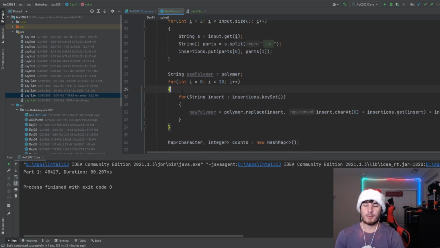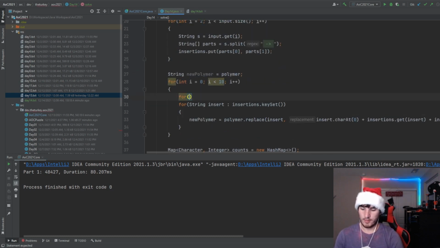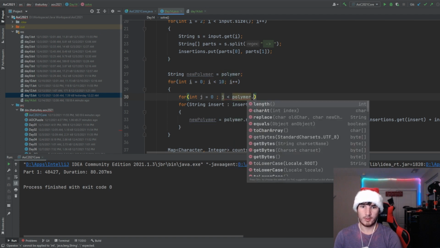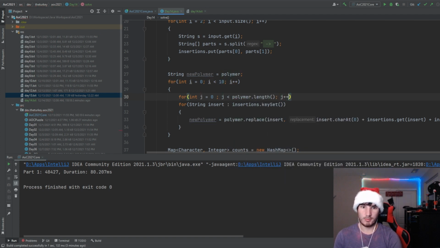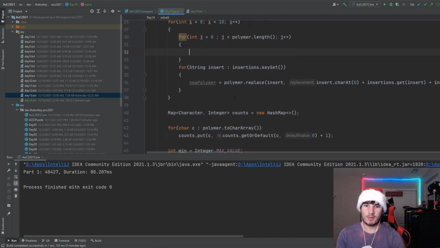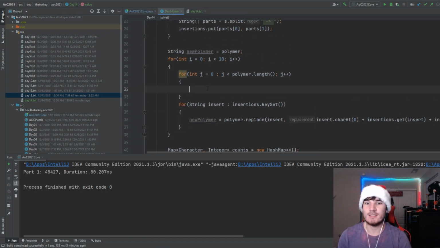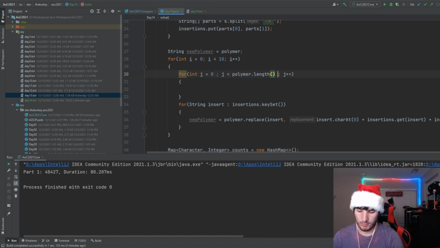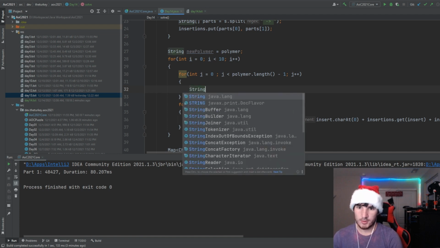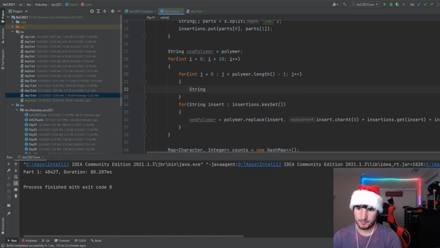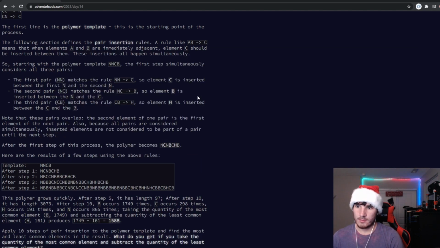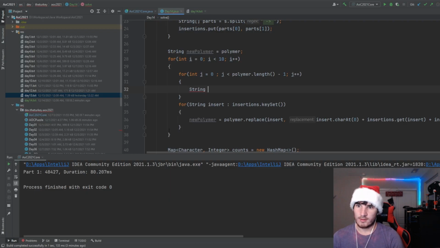So what we need to do is go through j equals 0 while j is less than the current polymer dot length, j plus plus. Instead of doing it this way, replace, we need to go through this and see if the characters here, actually it's length minus 1 by the way, because the end doesn't matter. So we're gonna do string, let's call this the element.